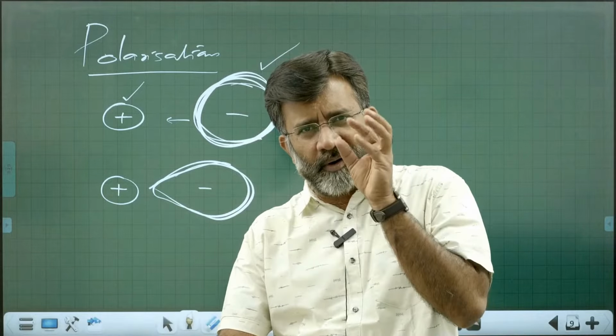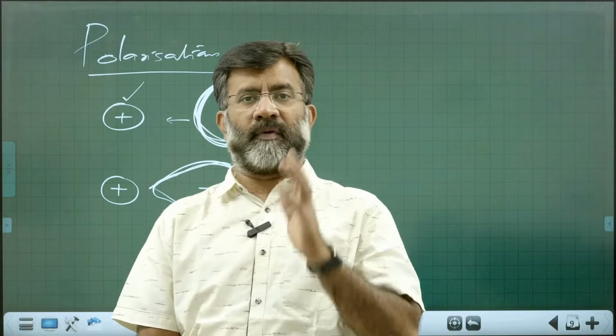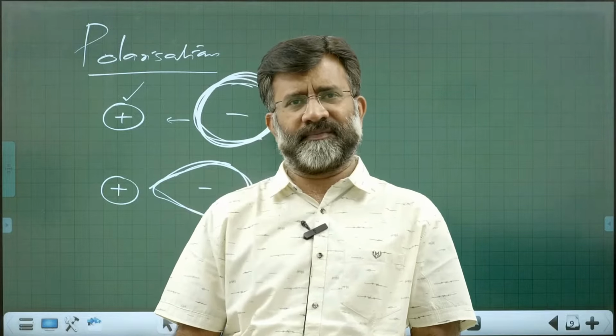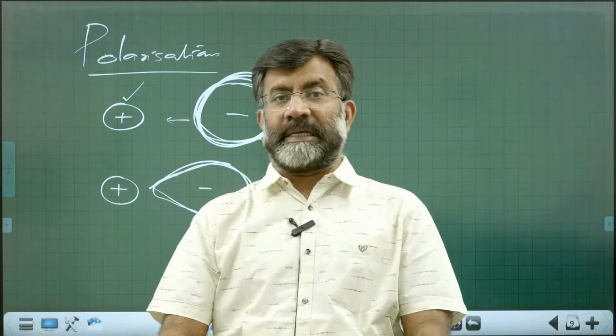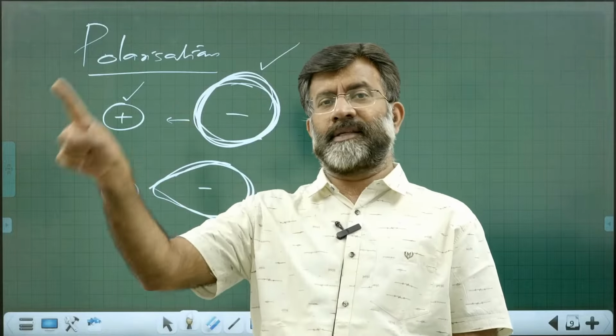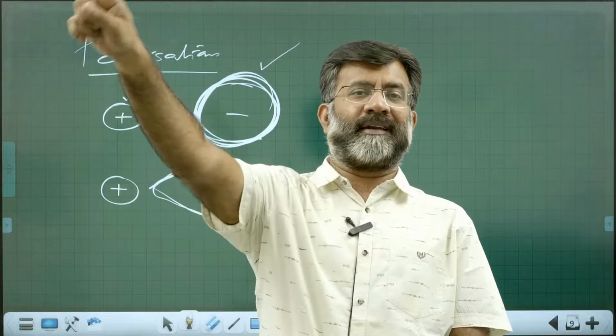A small cation will have a high polarizing power. A large anion has a high polarizability. So if you have a small cation and a large anion, polarization will be very high and covalent character will be very high.